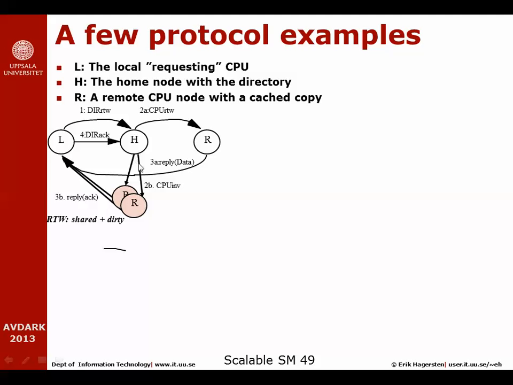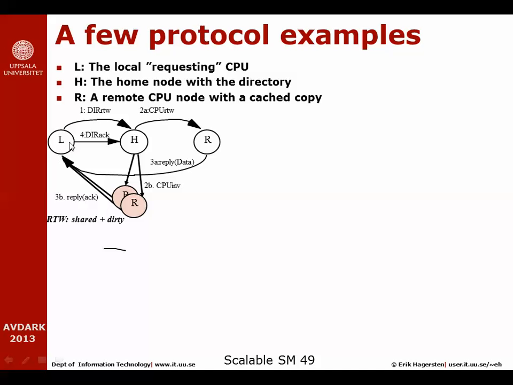CPU invalidate request, because they're going to get invalidated, and they reply to the local node by just sending acknowledges, so that the local node can know when all the data have been deleted.